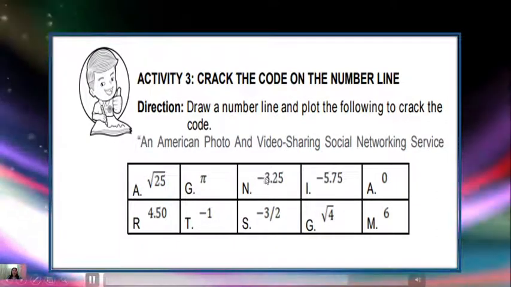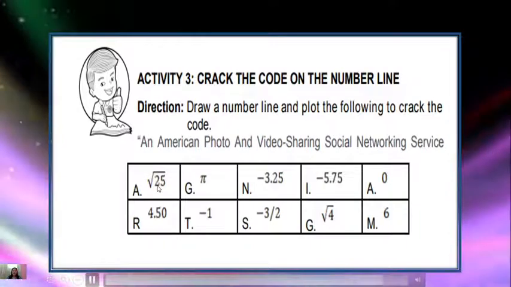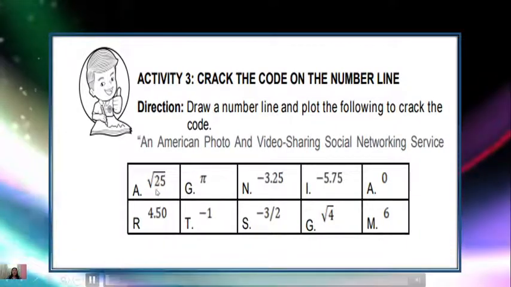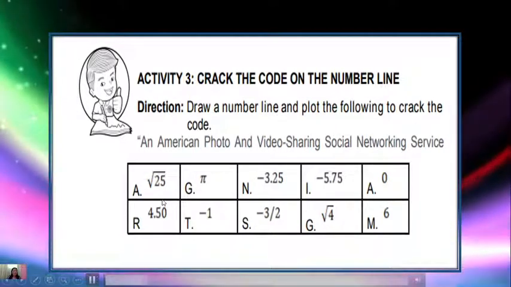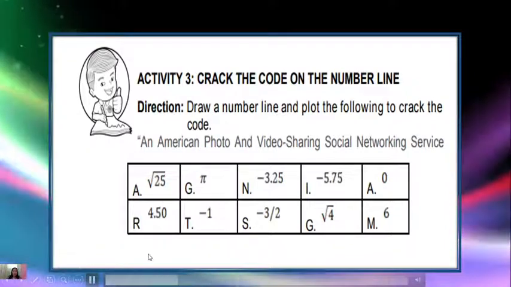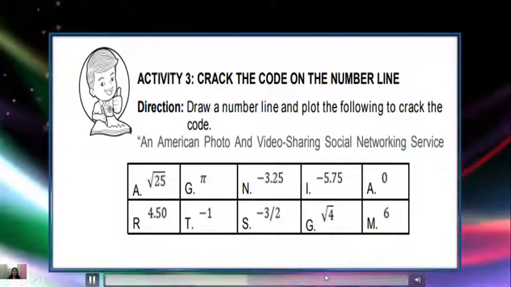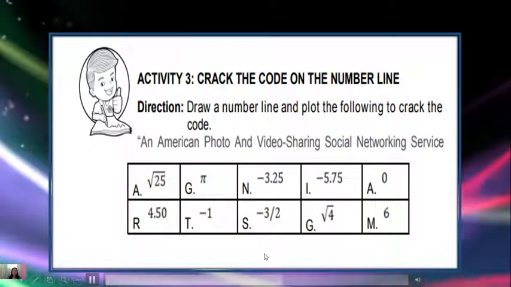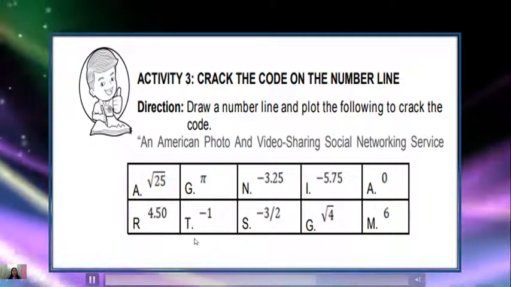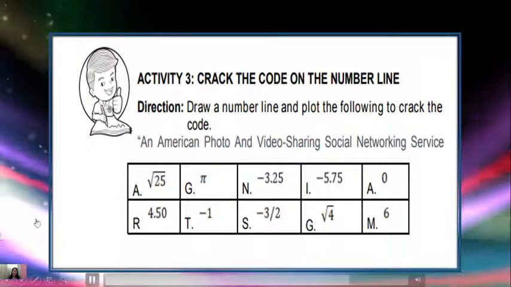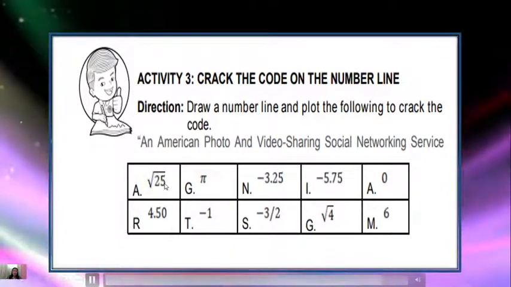Okay, halimbawa, square root of 25. That is 5, right? So, gumawa ka muna ng number line dito with the given coordinates, 0, 1, 2, 3, 4, 5 sa kanan, and then negative 1, negative 2, negative 3. And then, ilocate mo yung square root of 25.